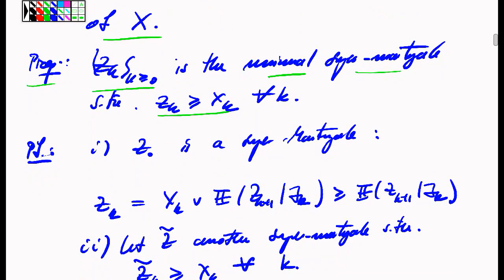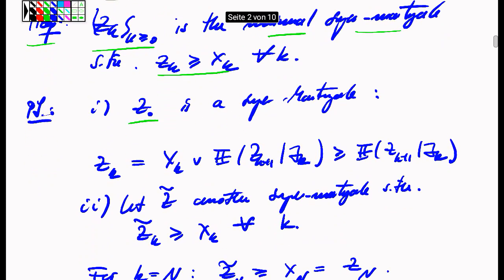Okay. First, why is Z a supermartingale? Well, we just write down the definition. Zk, by definition, is Xk max the conditional expectation of Zk plus 1 given Fk. So the maximum of two things is obviously bigger or equal than either of the two things.